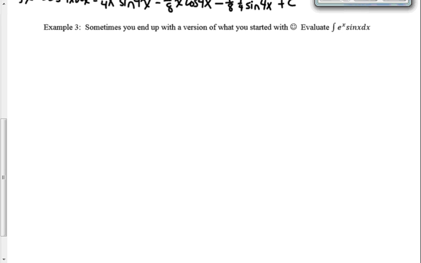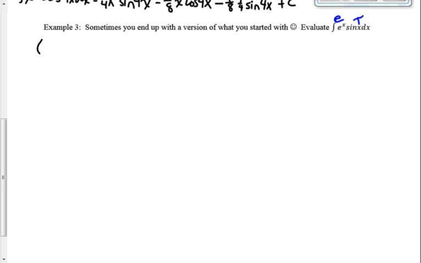First thing I need to do is pick my u. So my e to the x is obviously an e. My sine is a trig. Trig comes first in ILATE, which means my u is going to be sine of x, and my dv is going to be e to the x.